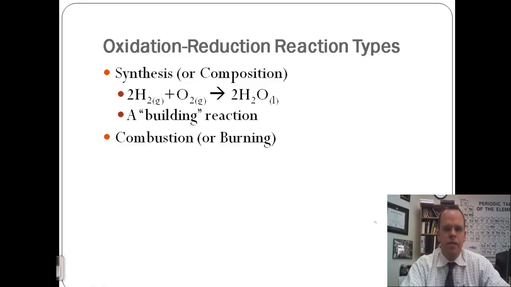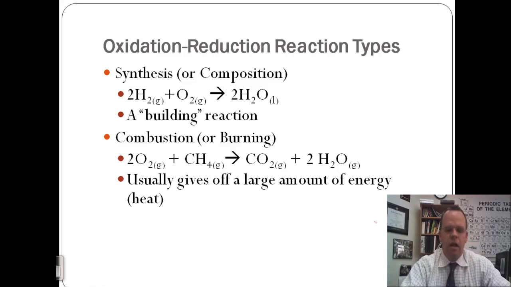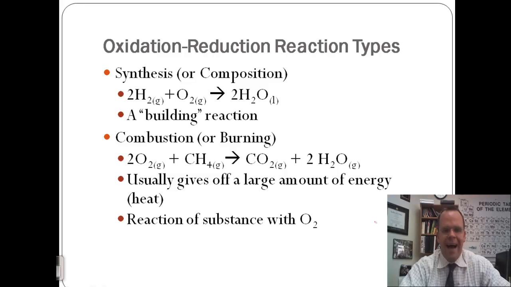The next one is combustion. Combustion is burning anything. Burning always involves a large amount of heat. It's always the reaction of something with oxygen, and both products will contain oxygen.